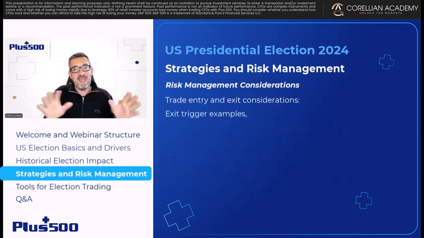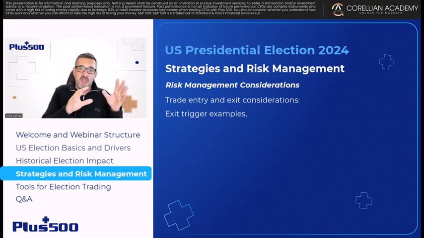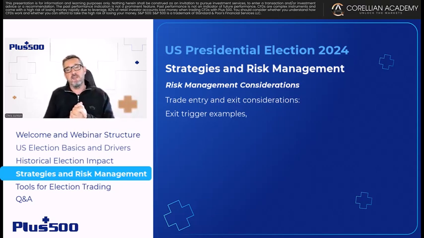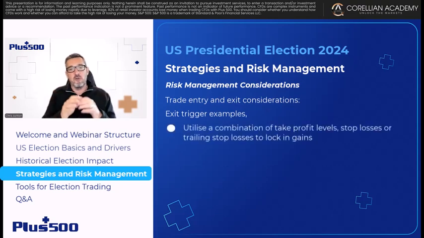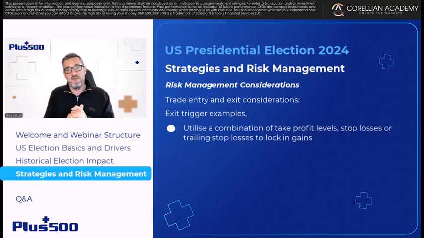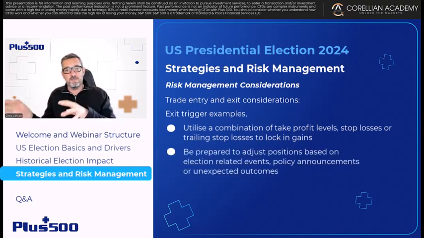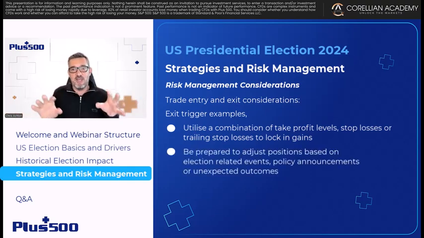When giving thought to any exit strategies you would like to use in potentially highly volatile markets, consider whether you want to use a combination of take profit levels, stop losses, and trailing stops to lock in gains. Remember, these are all available tools on your Plus500 platform. Make sure you are ready to adjust positions based on election-related events, policy announcements, or unexpected political outcomes.